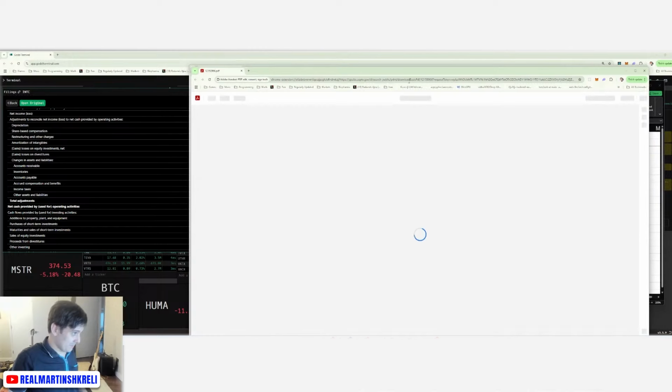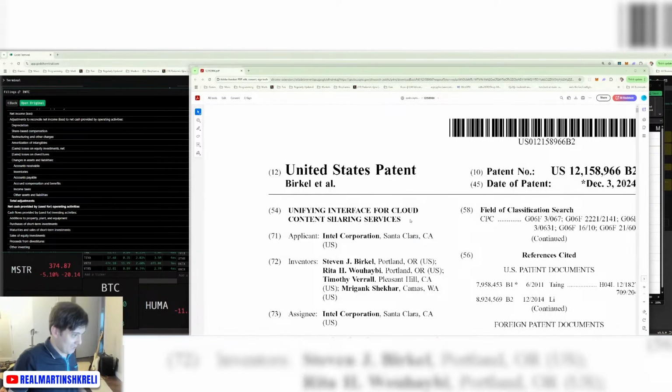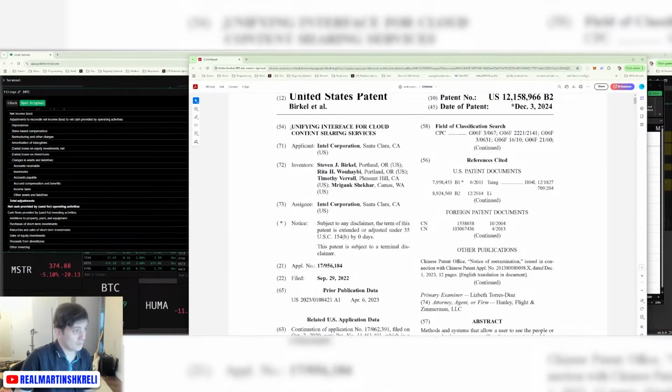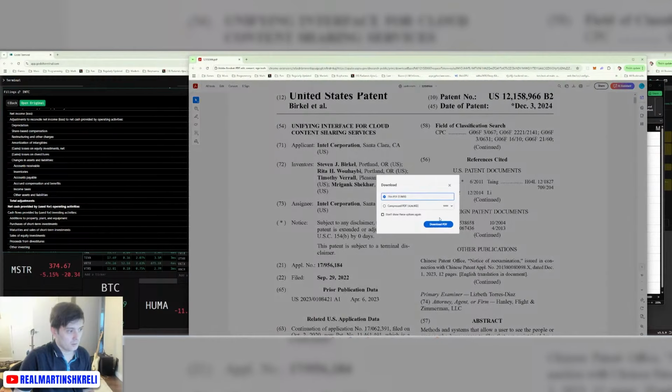All right, let's start with this one. This is a unifying interface for cloud content sharing services. It's kind of a bizarre thing for Intel. Sometimes brand can be stronger than IP.